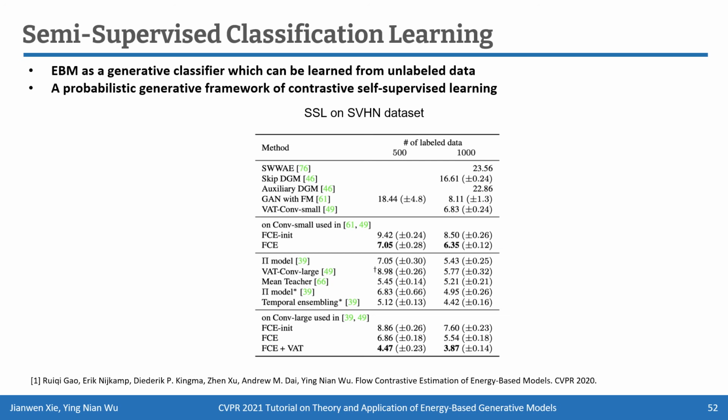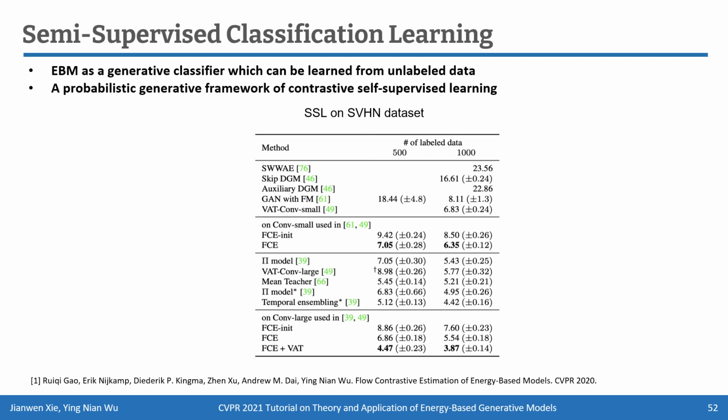Therefore, this method gives us a probabilistic generative framework for contrastive self-supervised learning, which is a very popular topic. If we use the noise contrastive estimation framework, we get a very rigorous probabilistic generative modeling method, so that we can unify both generative modeling and discriminative learning in this way.